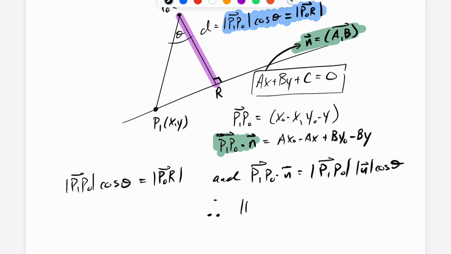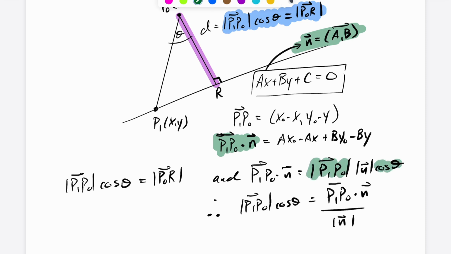Therefore, we have the magnitude of P1 P naught cos theta is equal to P1 P naught dot my normal over the magnitude of my normal. Again, the only thing I did was I grouped these two together and divided out my normal here.